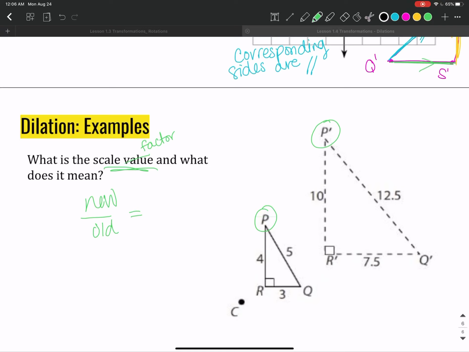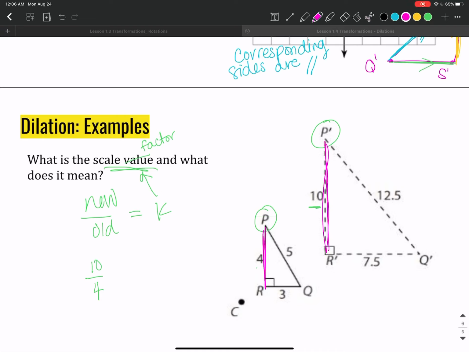And remember, k is for scale factor. All right, so our new one is, let's use this 10. And our old one is this 4. Because again, we got to make sure that this side corresponds with this side.